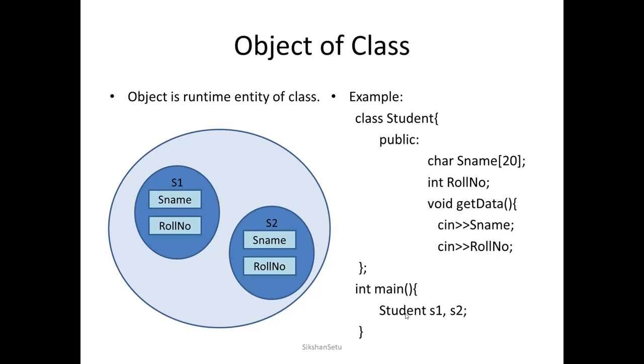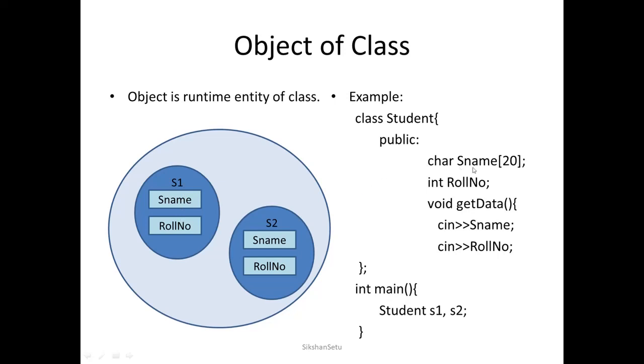Now just try to understand the memory. Once you create this statement student s1, s2, in memory there will be one block created. This is just to understand, this is not actually being created, but for understanding, imagine that one big box is being created which is named s1. Why? Because the name of the object is s1. Now in this big box two small boxes will be created. Why two small boxes?